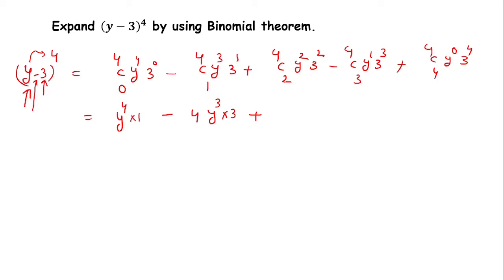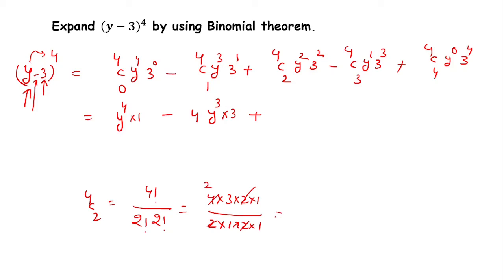Positive 4c2. What is the value of 4c2? 4 factorial over 2 factorial, then 4 minus 2, again 2 factorial. So this value is 4 times 3 times 2 times 1 over 2 times 1 times 2 times 1. So 2 gets cancelled, I will cancel 2 and 4 by 2, so that is 6. I'll get 6 y square, 3 square is 9.